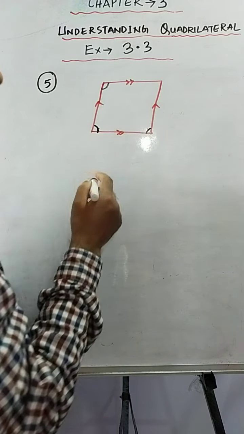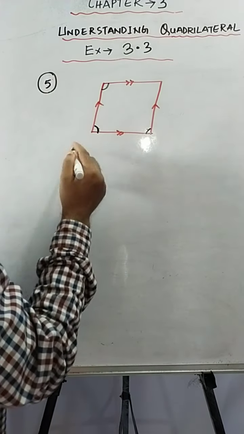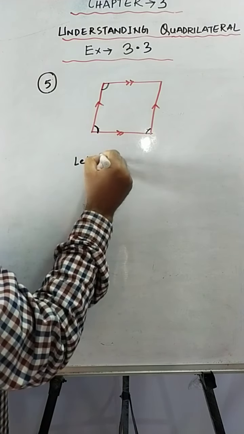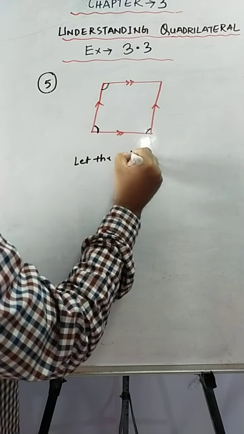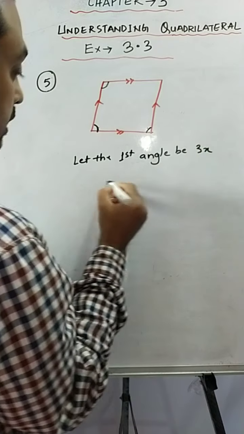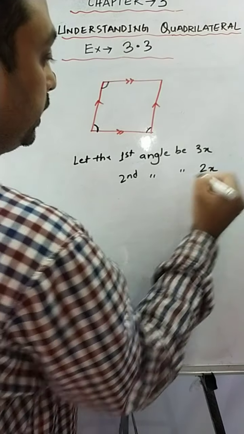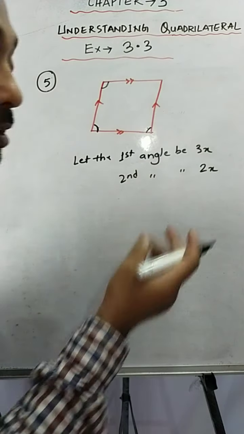Whenever any angle is given in the ratio form, what is the first thing that you have to do? You have to let the first angle be 3x and the second angle be 2x, because the ratio is given 3:2.